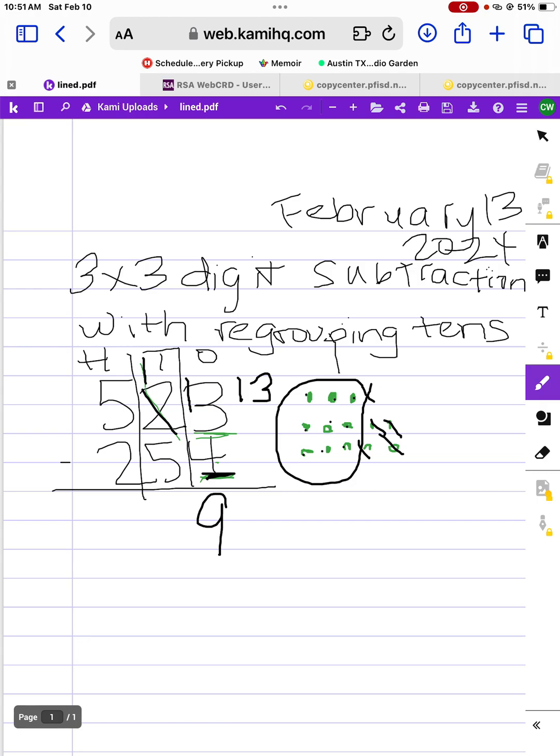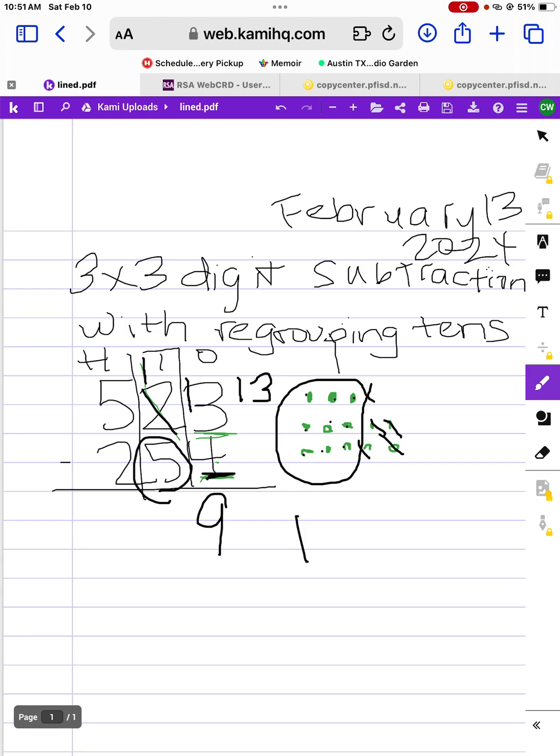Oh my goodness, what am I going to do? Well, lucky for you, you have hundreds to borrow from. And it's just like whenever you borrow a 10 to make 10 ones, you're going to borrow 100 to make 10 tens. So here you only have 1 ten, right, at the very top. But we're needing to subtract 5 tens. I don't have enough tens.